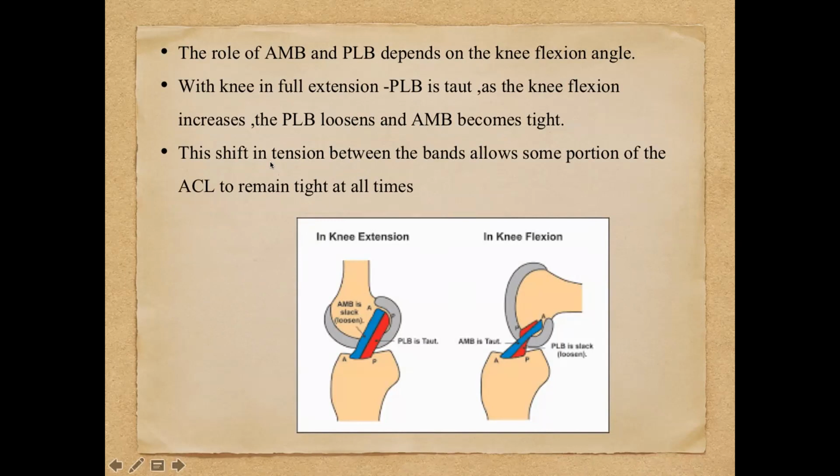This shift in tension between the bundles allows some portion of the ACL to remain tight at all times. In this picture, the blue line is sag in extension and the posterolateral bundle is taut in extension. The second one shows the blue line taut in flexion, at a high degree of flexion, and the red sag in the posterolateral.